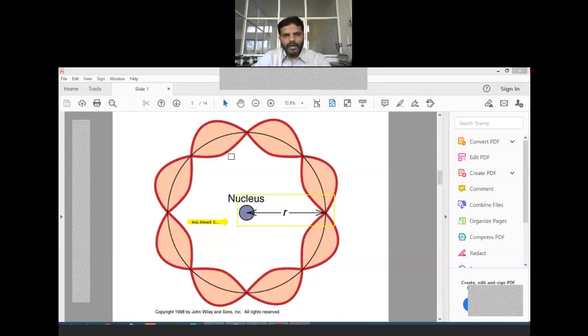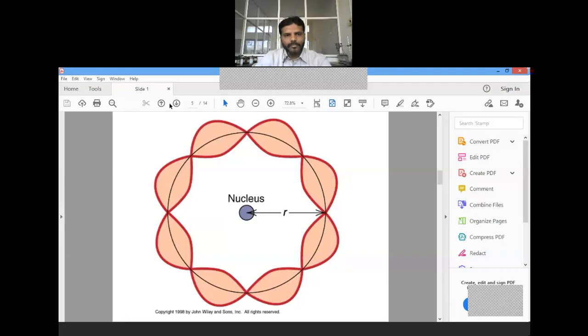Now, as the electron has this characteristic, it must also have some mass. So only certain possible frequency, wavelength, and energy are allowed in an atom. When the electron is revolving around the nucleus, it will have some frequency, some wavelength, and also some energies.